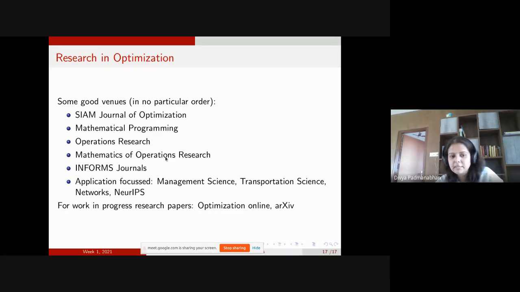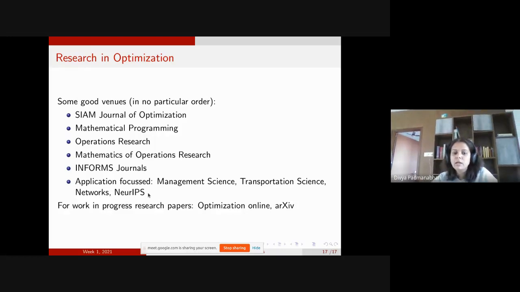Others look at the applied side, getting formulations, even writing formulations for real problems, which is not easy. There are many application-focused journals as well. In computer science, we have NeurIPS, where you can find some optimization work too. Several people also post their work-in-progress papers on Optimization Online and arXiv. These are some of the venues you could look at if you want to know of the advances.